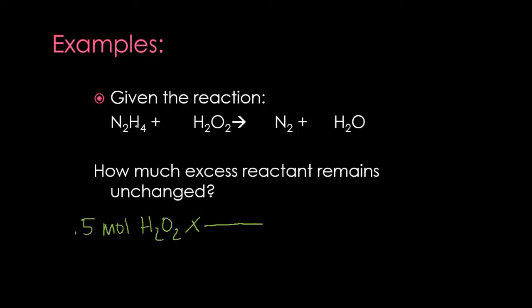Remember, I had to begin with 0.75 moles of it, but I don't use all 0.75 moles, so I have to determine how much I actually use. So if I used 0.5 moles of H2O2, I'm going to change it into moles of N2H4 to determine how much I used.